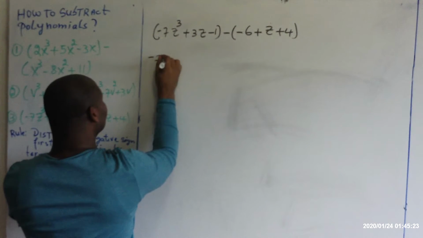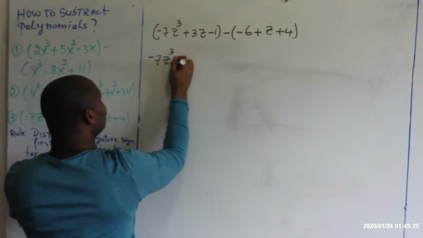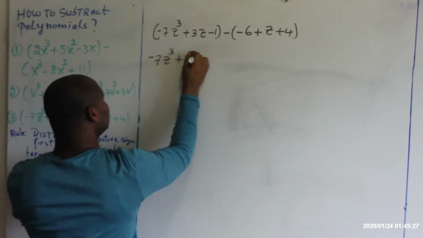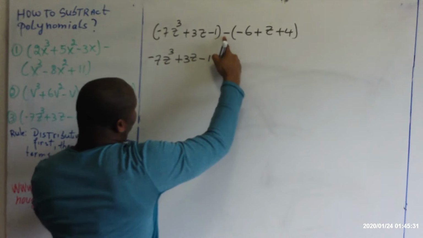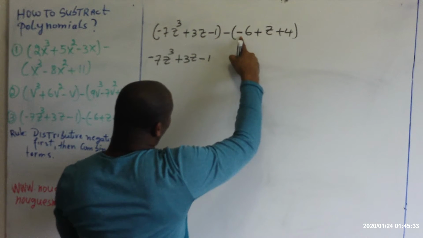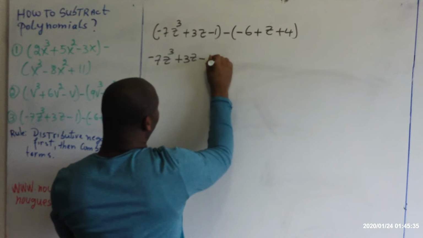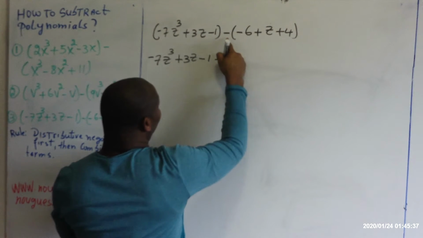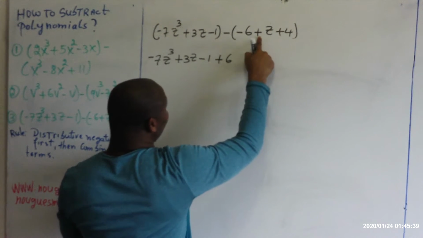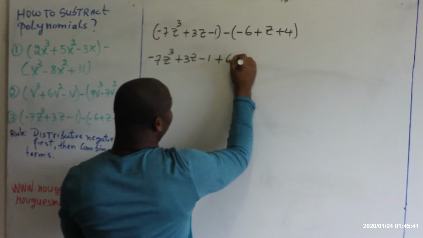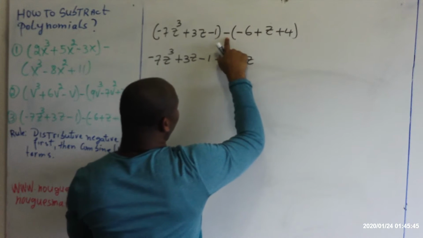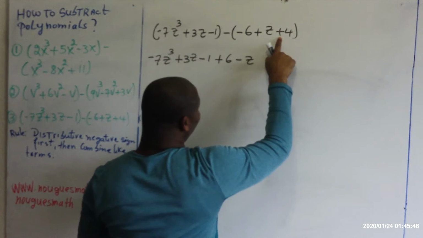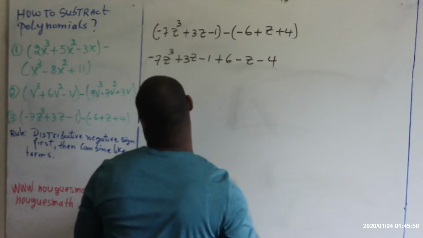Negative 7z to the 3 plus 3z minus 1. So, negative sign times negative 6, that's going to be positive 6. Negative sign times positive z, that's going to be negative z. The negative sign times positive 4, that's going to be negative 4. Boom.